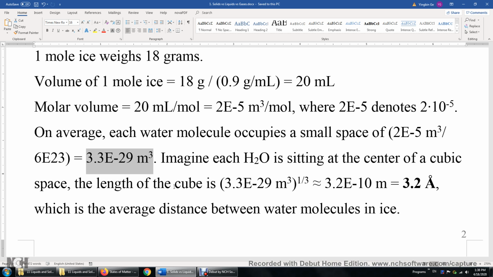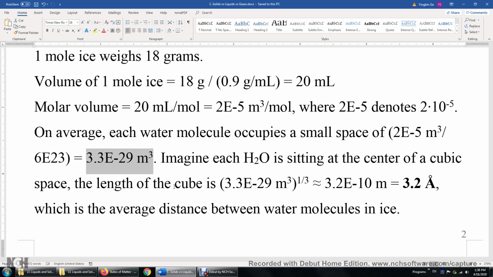Now we'll have to imagine dividing the total volume, this 20 milliliters, into 6 times 10 to the power of 23 small cubes. And in each cube, there's a water molecule, and this water molecule sits at the center of the cube.